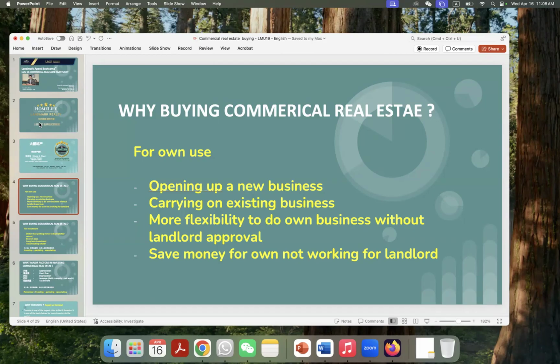So for end user versus investor, the process is sometimes slightly different. Of course, generally speaking, it will be the same process. The only difference will be what forms you use and how you deal with your client, for the seller and for the buyer. So you need to know the whole process.